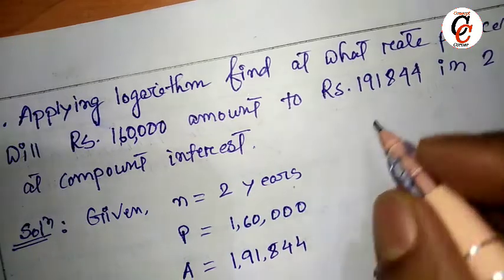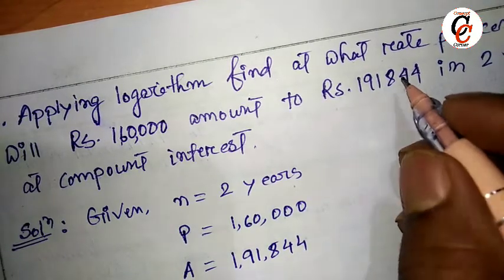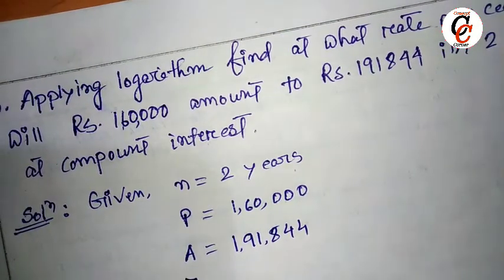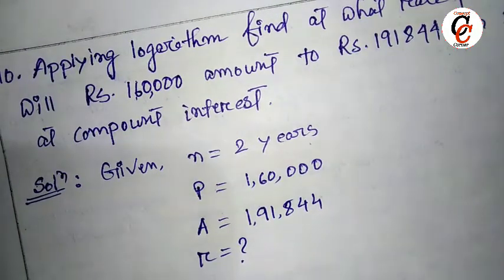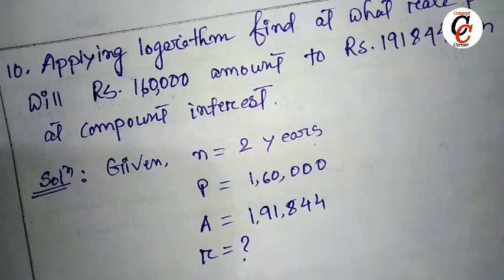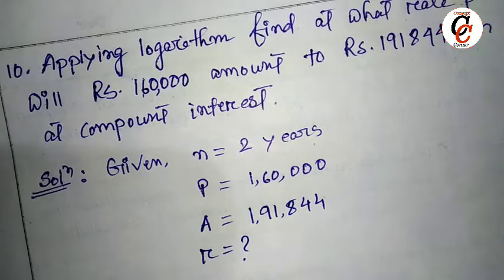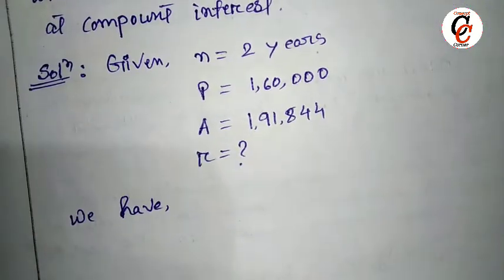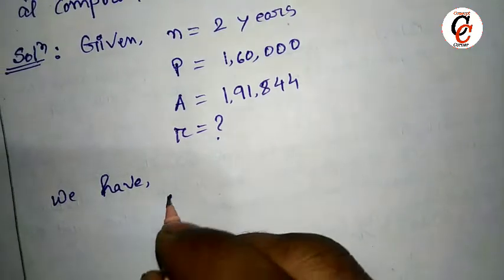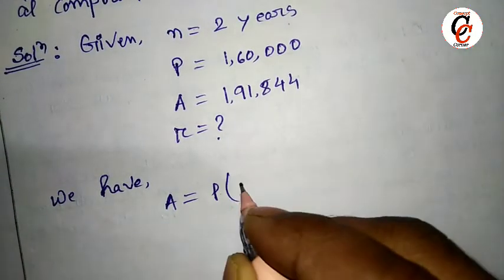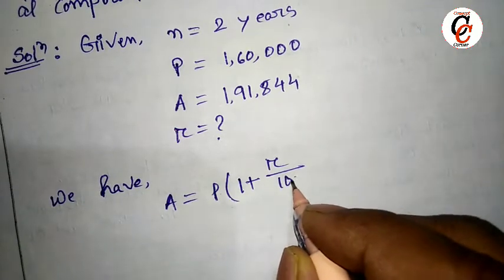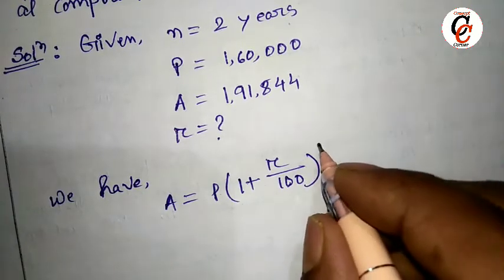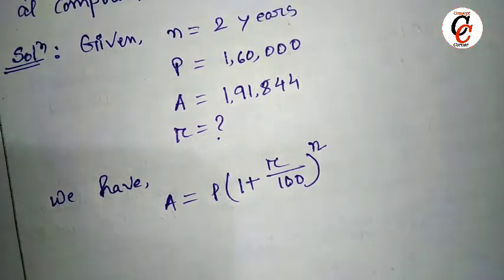These three values are given, so we have to find the rate of interest at compound interest. So we have the compound interest formula. We know for compound interest the amount is equal to P into 1 plus r by 100 to the power of the years, that means n.